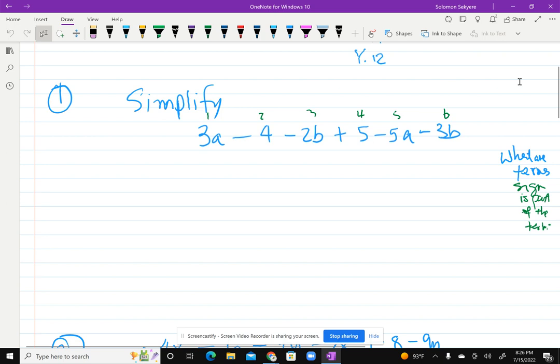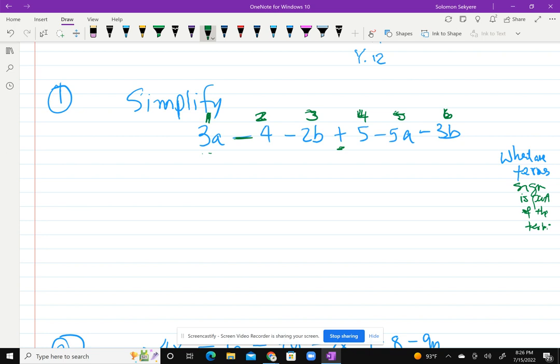You see these subtraction and addition signs. What they separate is what we call terms. So we have one, two, three, four, five, six terms. Six terms.